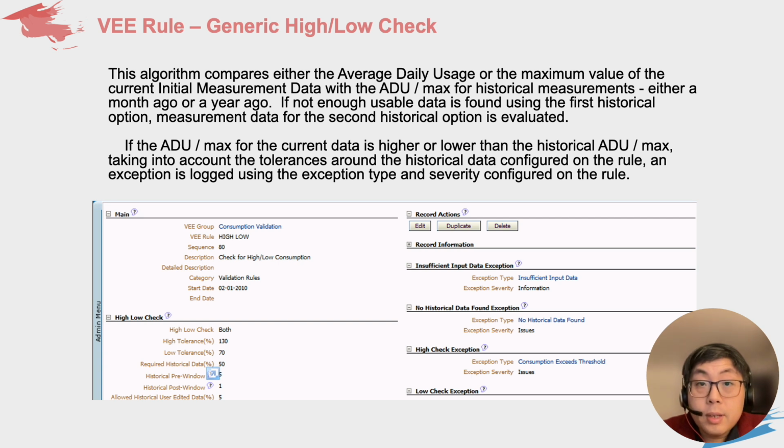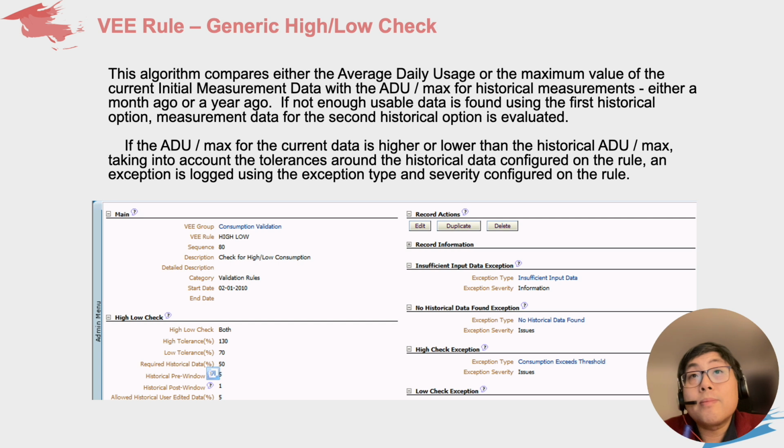In those cases, you can validate your reads if there is a read coming in between the months, and you use the ADU to compare whether it's too high or too low. The high-low percentage can be specified, as we can see in the screenshot. Over here, the high tolerance is 130% and the low tolerance is 70%.